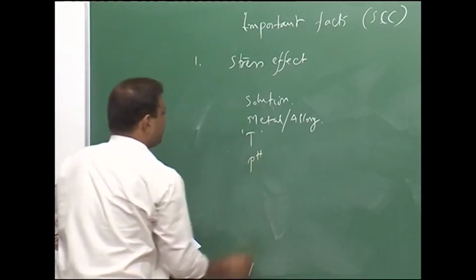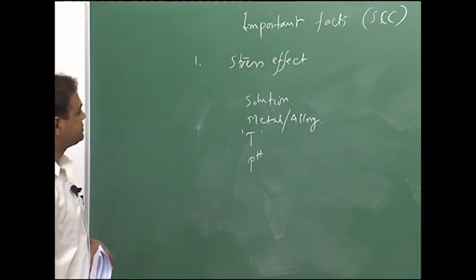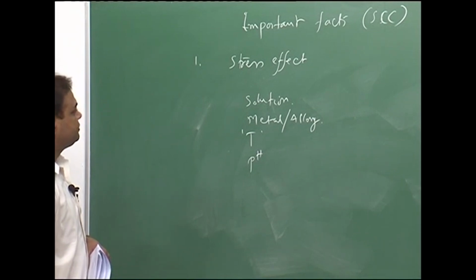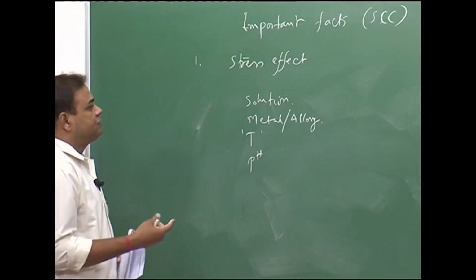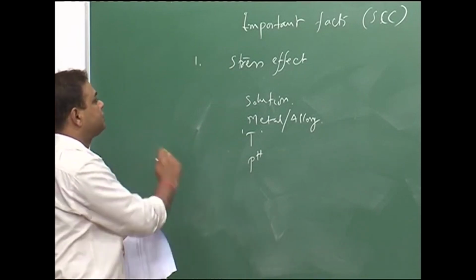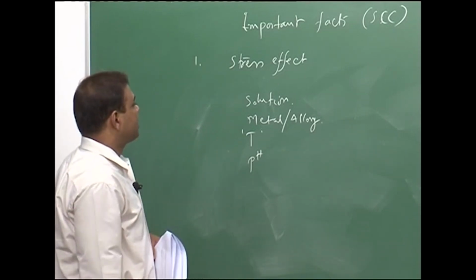pH, all can affect this stress, amount of stress that is needed to avoid that is the minimum stress where the stress corrosion cracking phenomena cannot be observed in that particular metal or alloy.